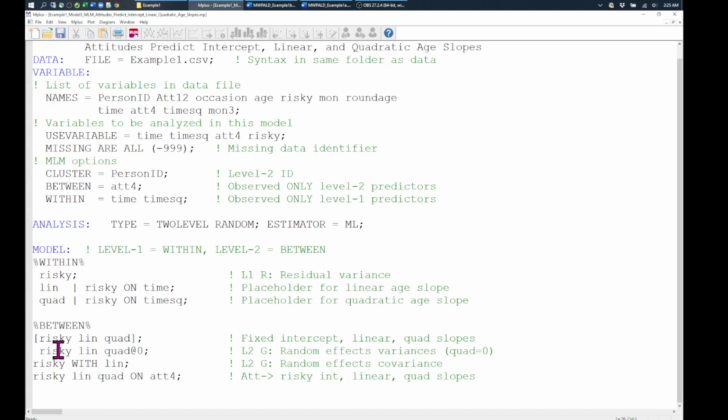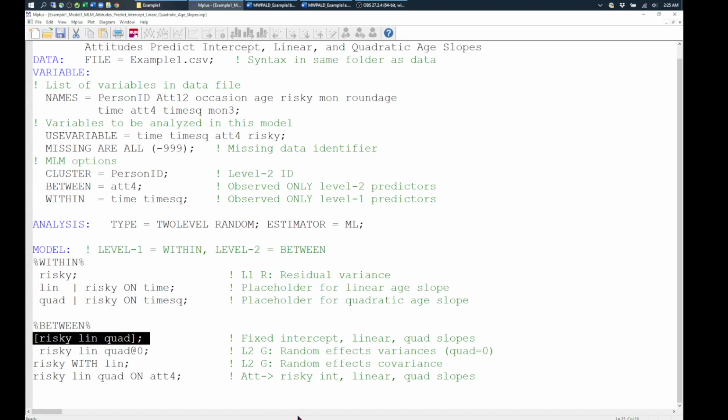Yesterday we discovered that we need a random intercept, we need a random linear age slope, but we did not need a random quadratic age slope variance. It was fixed only. Adding the random age slope variance for the quadratic term did not help the model. So I'm shutting it off by holding it at 0. That creates a fixed slope only, which is referred to in these brackets right here.